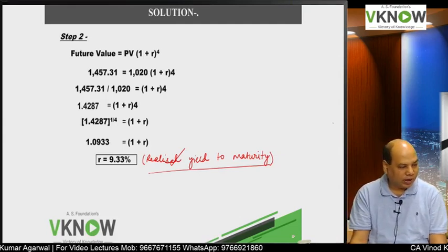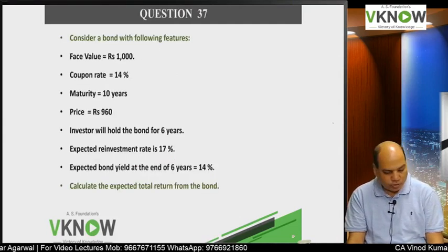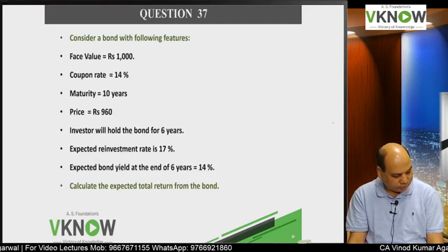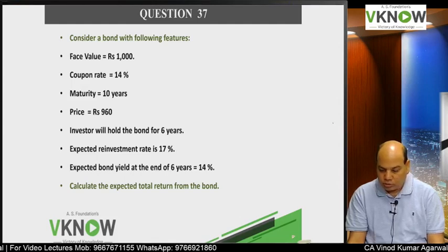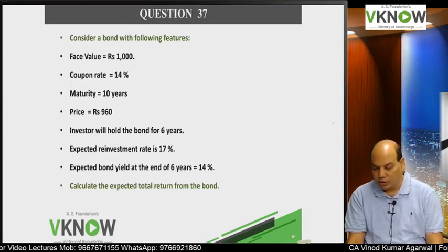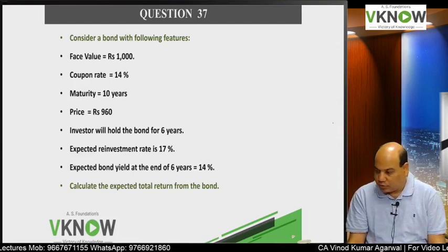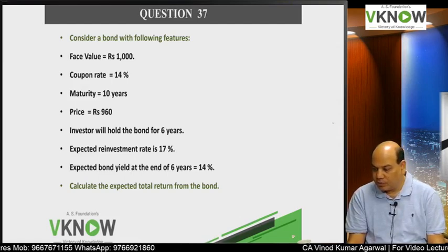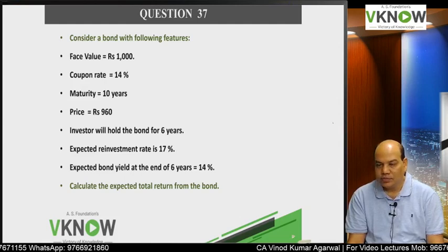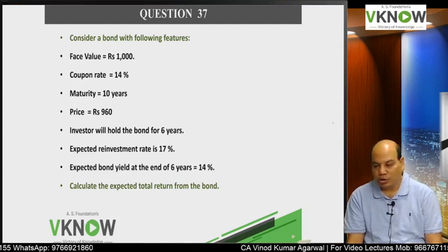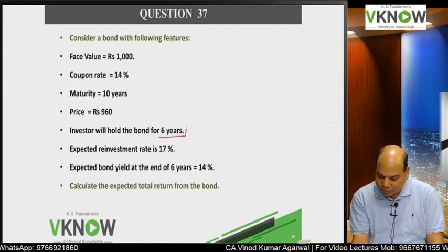Now we'll take a little advanced version of this. Come to question number 37. Question 37: consider a bond with the following features. Face value rupees 1000, coupon rate 14%, maturity 10 years, price 960, investor will hold the bond for 6 years.